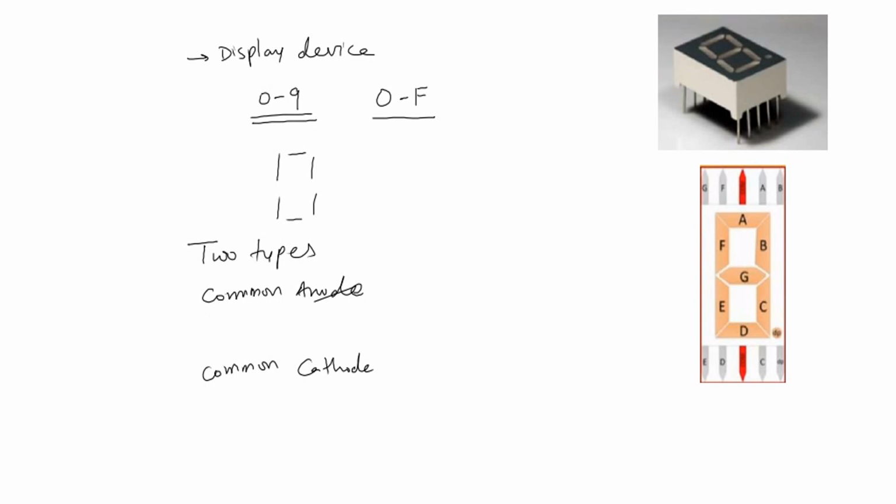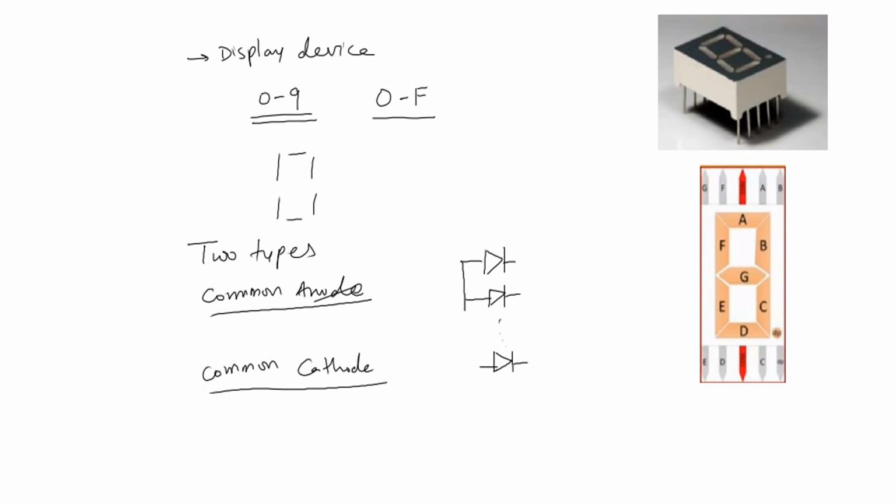So what is the difference between common anode type of connections and common cathode type of connections? Let me draw in the form of a diode, right? Each line has one diode. So there are 8 diodes basically, from A to G and the dot. So I can draw the 8 diodes in this way, right?